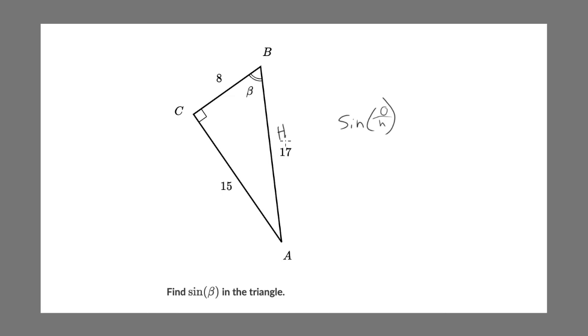It's the longest side of the triangle. Adjacent is going to be the one right next to it. And opposite is usually the one that's really far away. Great. So O over H is 15 over 17. Let's write it down: sine is 15 over 17.